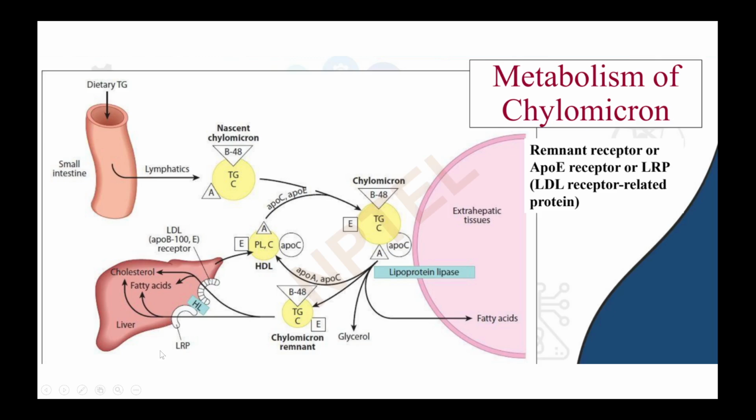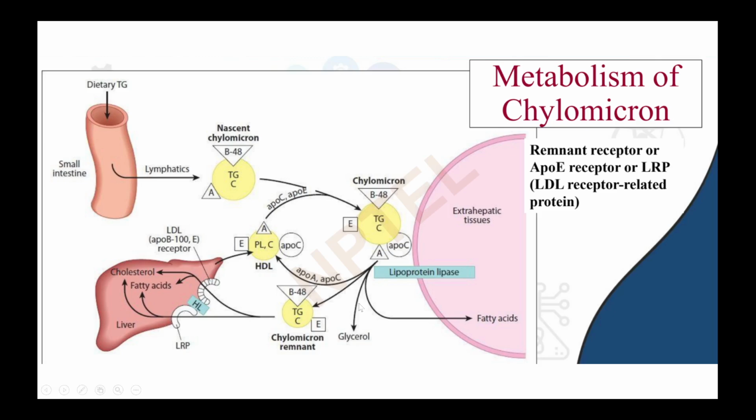This chylomicron remnant will be taken up by the liver by a receptor called LRP, that is LDL receptor related protein, and this receptor will bind to the ApoE that is bound to the chylomicron remnant. So we had chylomicron maturation by the binding of ApoE and ApoC2.